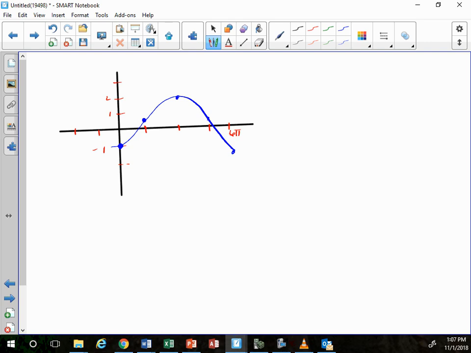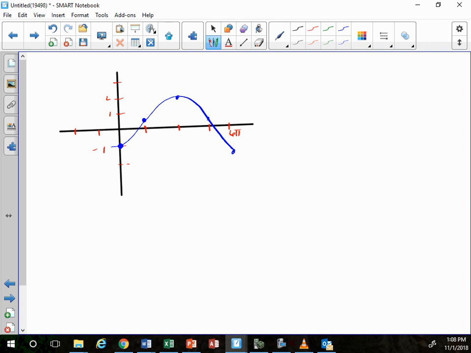I want you to write 4 different equations for this. What? 4 equations. That's a 6 pi. You would do one? Yes.